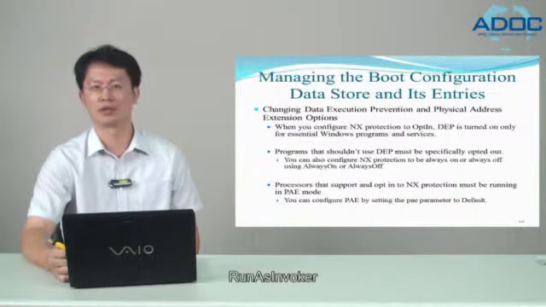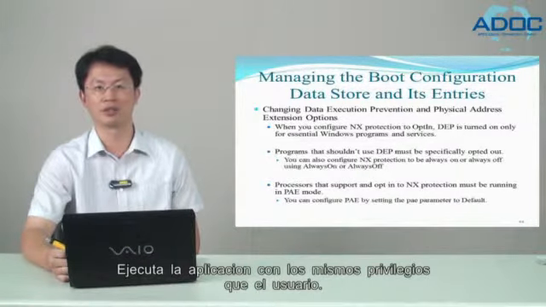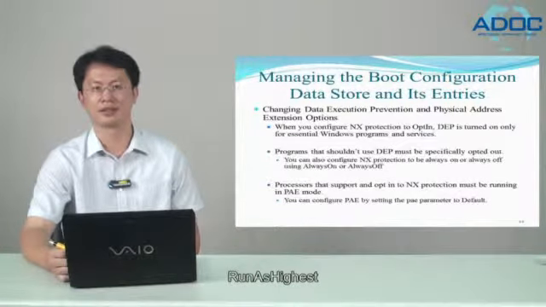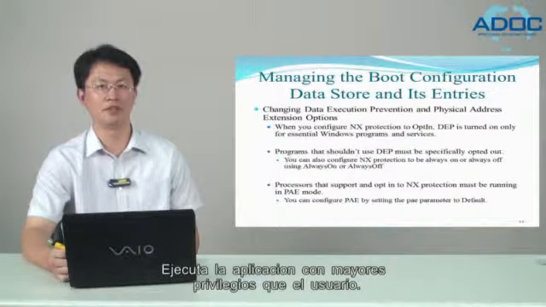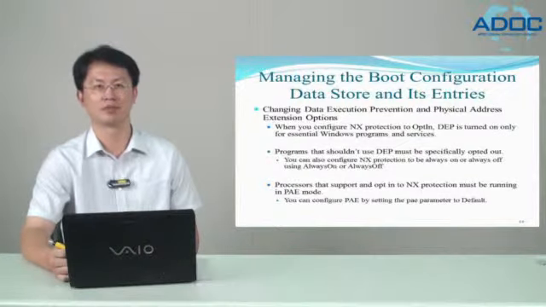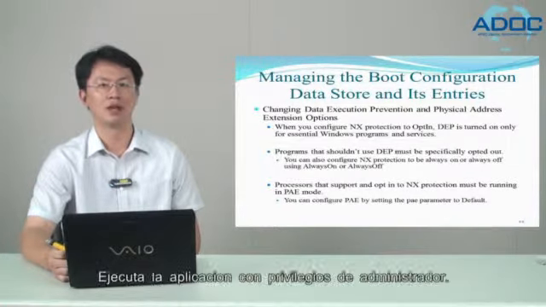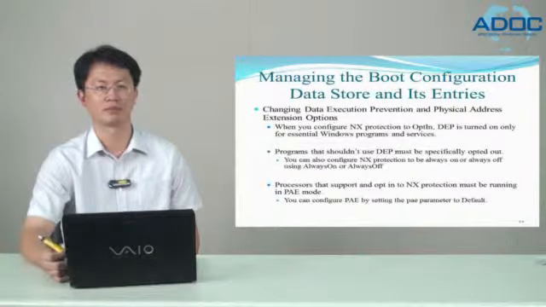Run as invoker: run the application with the same privileges as the user. Run as highest: runs the application with the highest privileges of the user. Run as admin: runs the application with administrator privileges.